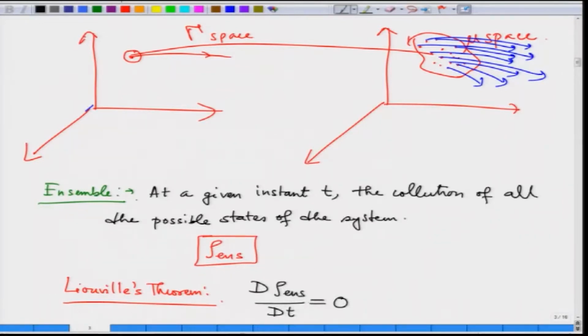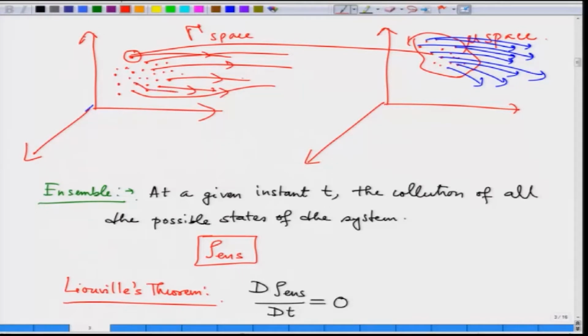So, let me just draw here, so that there is no confusion. I have an ensemble and all the ensemble points are there. One single point in gamma space already corresponds to n points in mu space, but forget that. I am now talking about a large number of points in gamma space. These points are nothing but the replicas of the system, and every point, if left to evolve, will evolve separately according to some law.